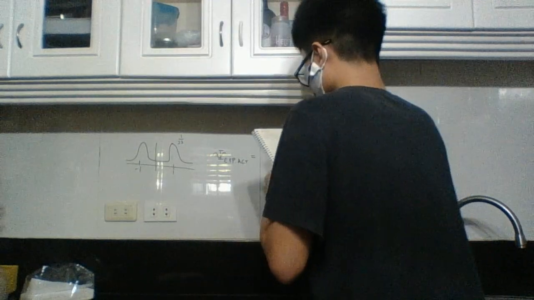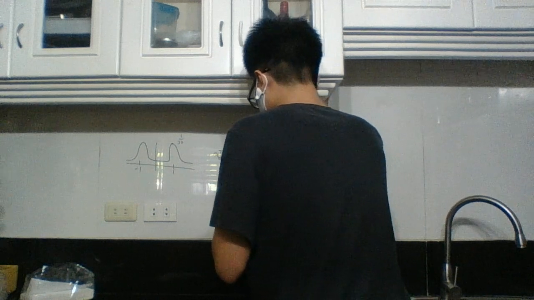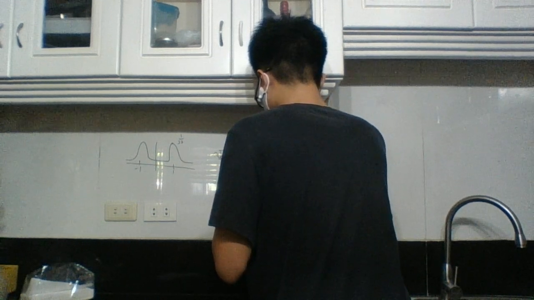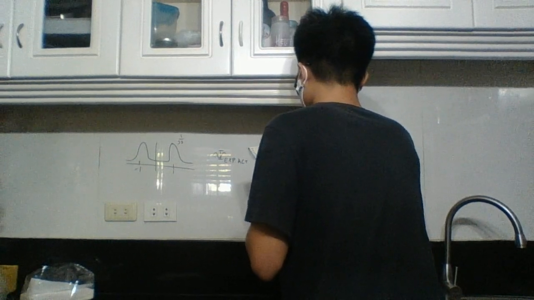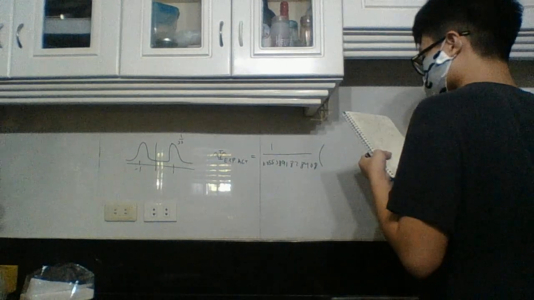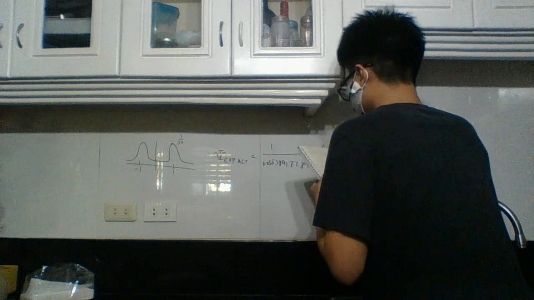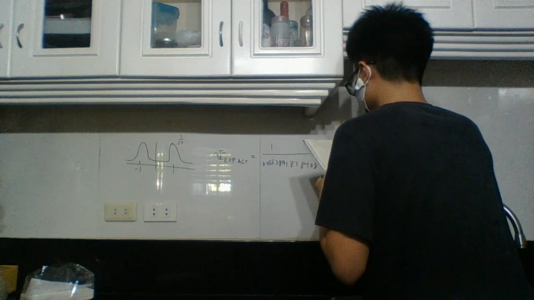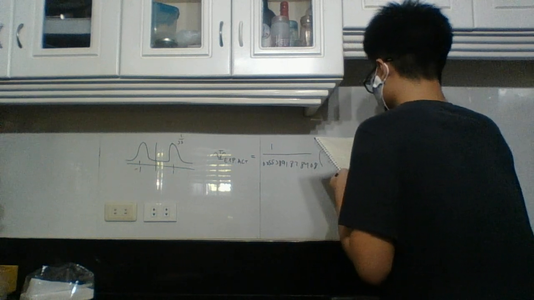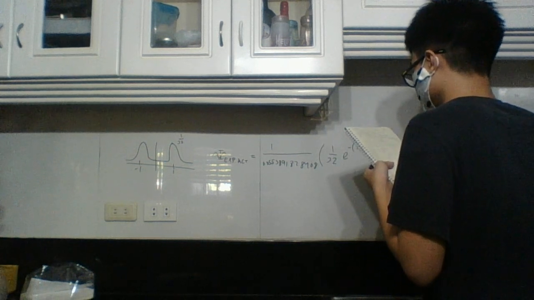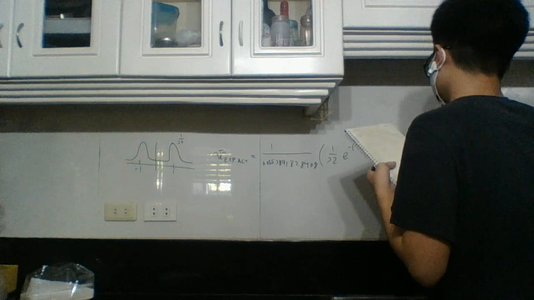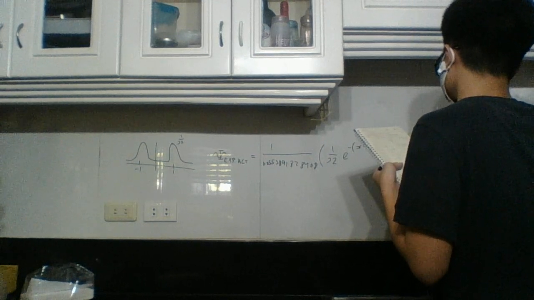actual of my friend, is 1 over 0.055389182848 times 1 over 32 of e to the minus x minus 1 squared plus 1 over 32 e to the minus x plus 1 squared.